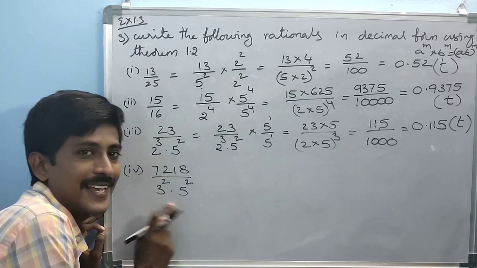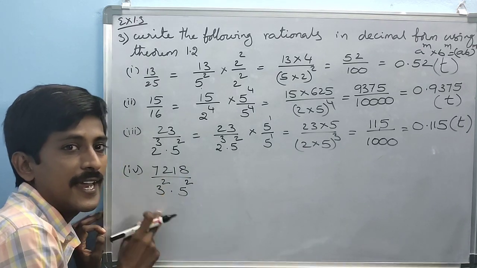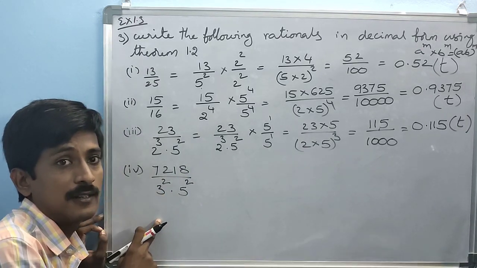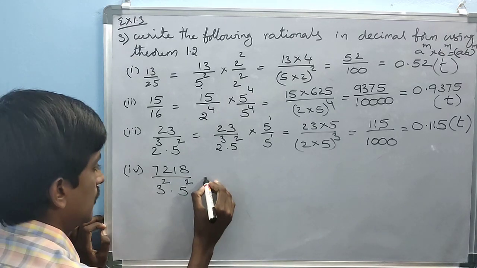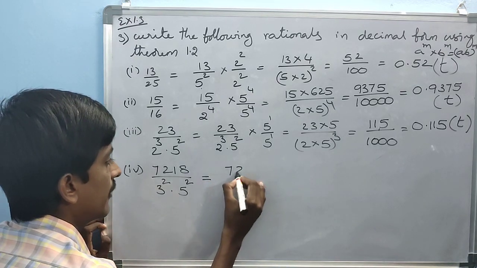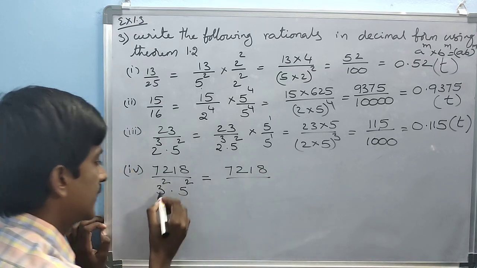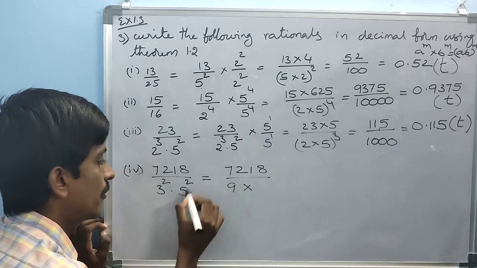But here 3 is there, so it is a non-terminating decimal. But once you look at the board, 7218 by 3 square, 9, into 5 square.